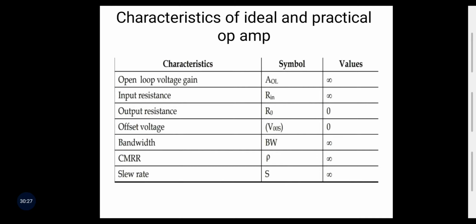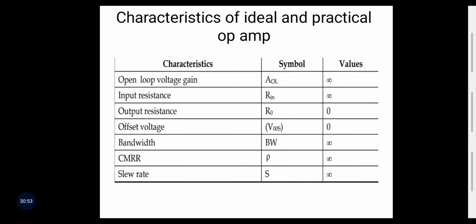Output resistance is 0, but practically the output resistance has some value R0. Offset voltage for an ideal amplifier is 0, but practically you have some voltage. Bandwidth for an ideal op-amp is infinite, but practically it has some bandwidth.